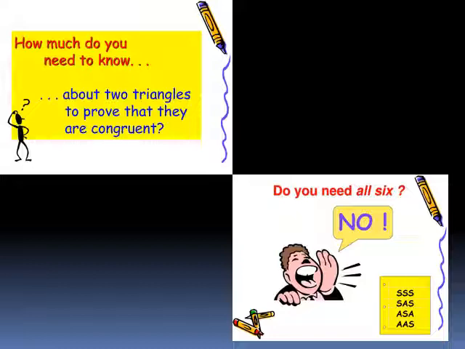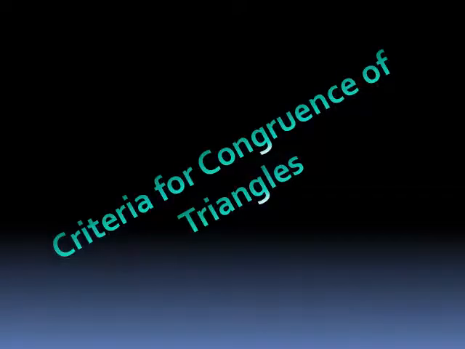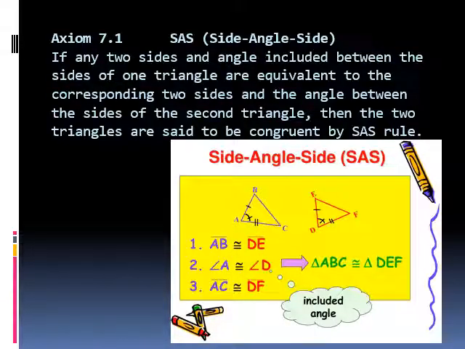We only need to learn about certain criteria of congruence which help us to determine whether two triangles are congruent or not. So, criteria for congruence you have already studied. We'll quickly recap. The first criterion is SAS, which stands for side angle side.